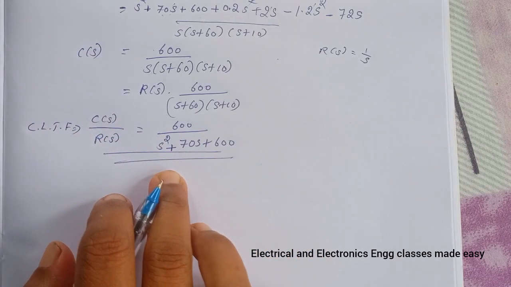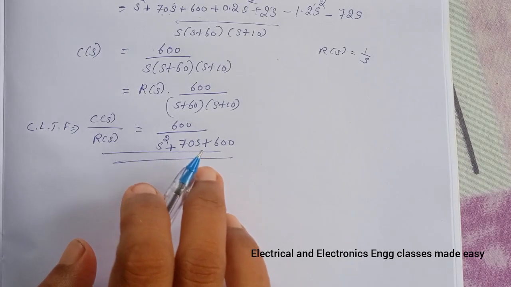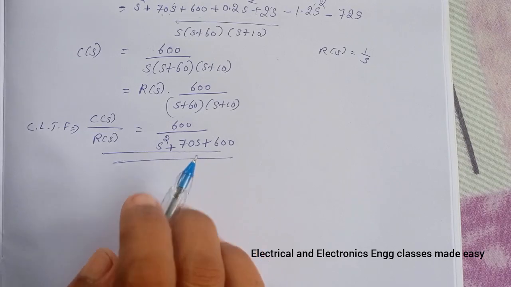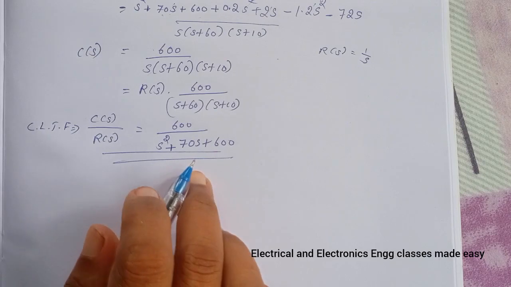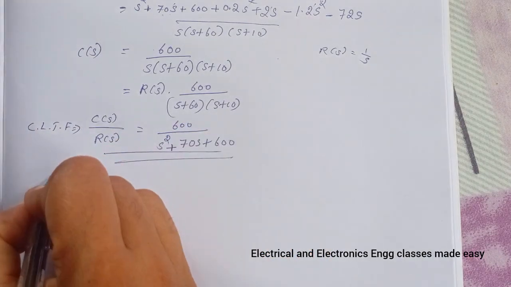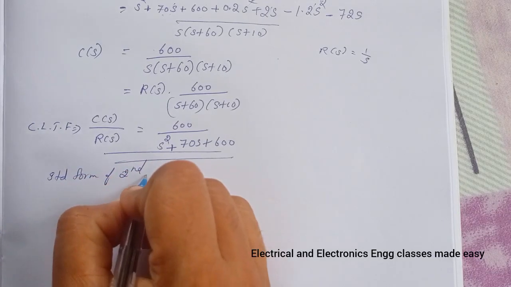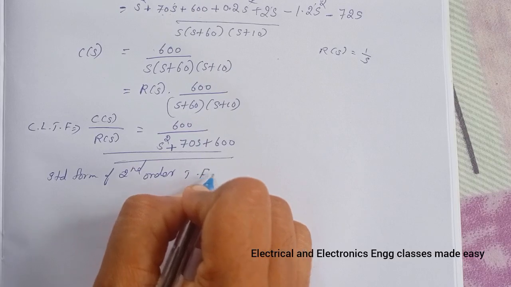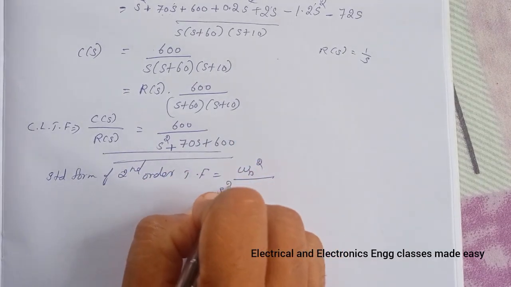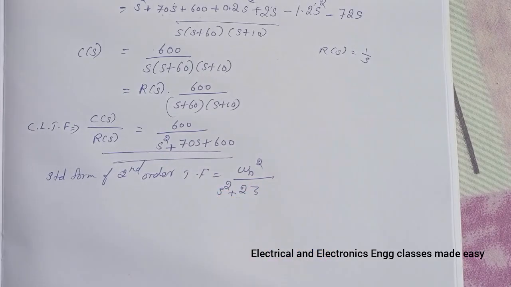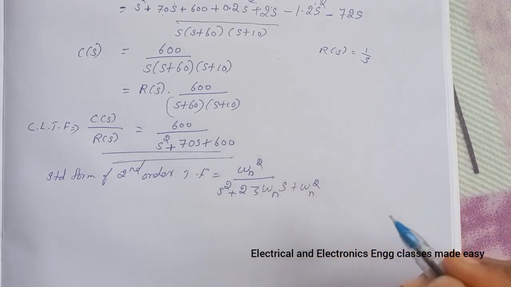Now we have to find the undamped natural frequency and damping ratio, and for that we have to compare this closed loop transfer function with the standard form of second order transfer function. The standard form of second order transfer function is omega n square divided by s square plus 2 zeta omega n s plus omega n square.